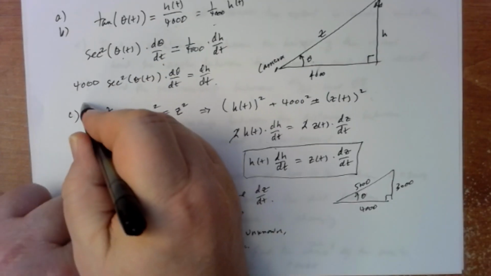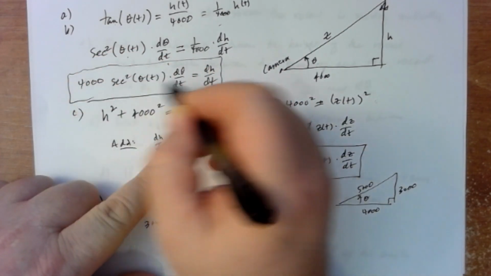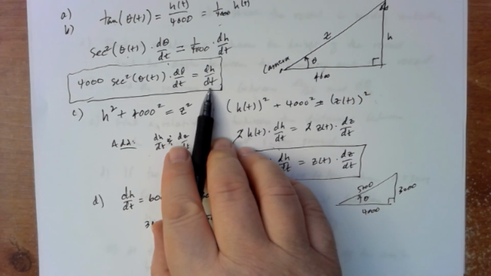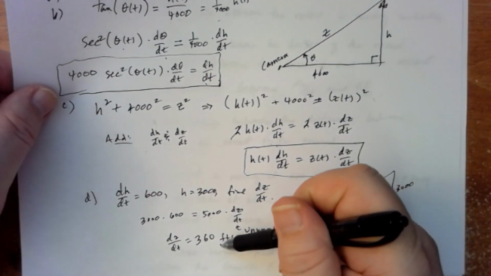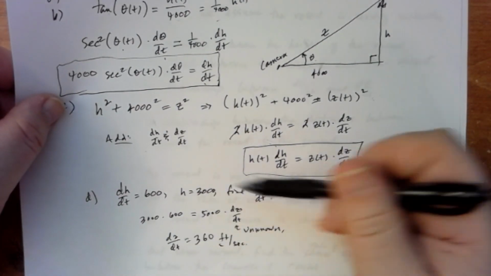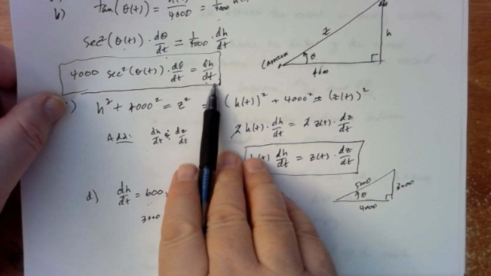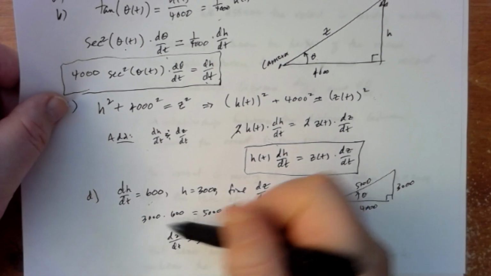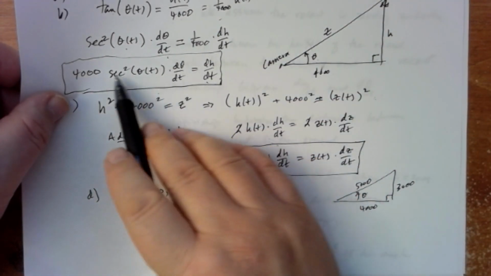We have this relationship where we computed our d theta over dt, and now we know what dh over dt is. dh over dt was 600. And so we want to find d theta over dt at that moment when h is 3000.